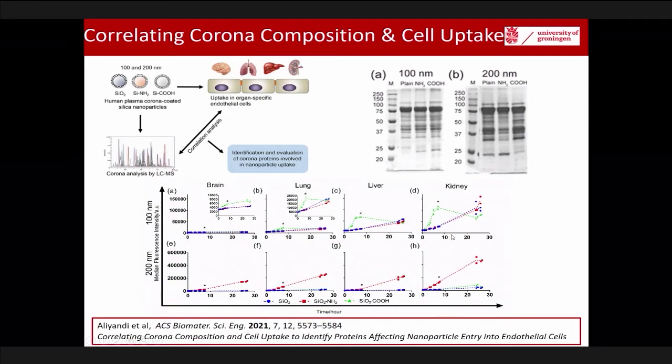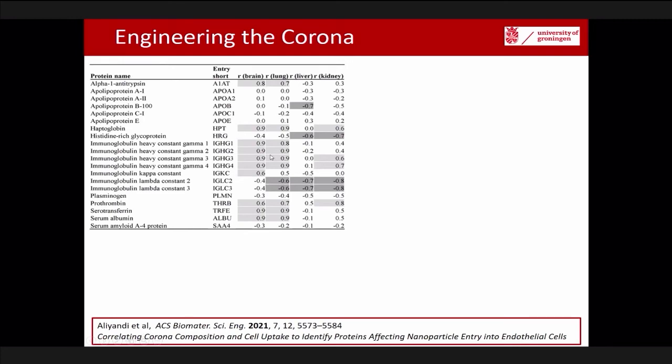So we have a panel of uptake and corona, and then you can do correlation analysis. And this is the kind of data that you find. Of course, there are different coronas, and you can try to identify, for instance, in this example, we found these proteins. In the literature, there are other examples of this.